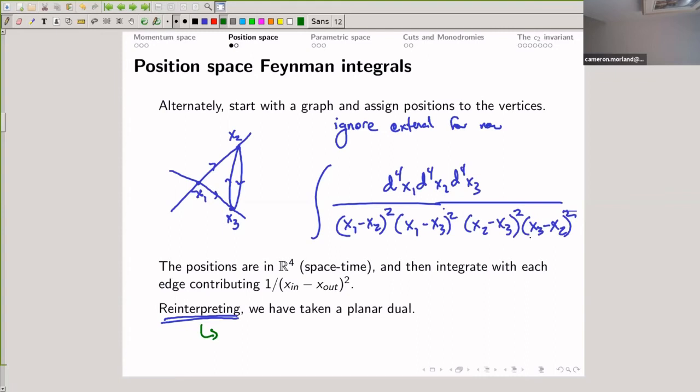They're these little differences. Is there another way that I could think about these? And there is, because I can reinterpret this back in the original situation. So view the denominator as from a momentum space integral.